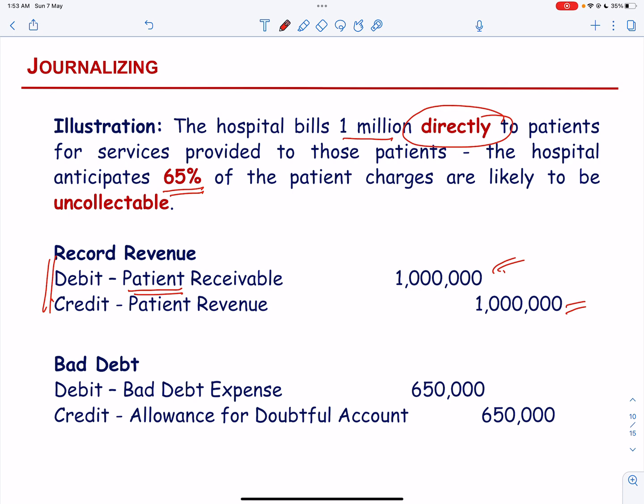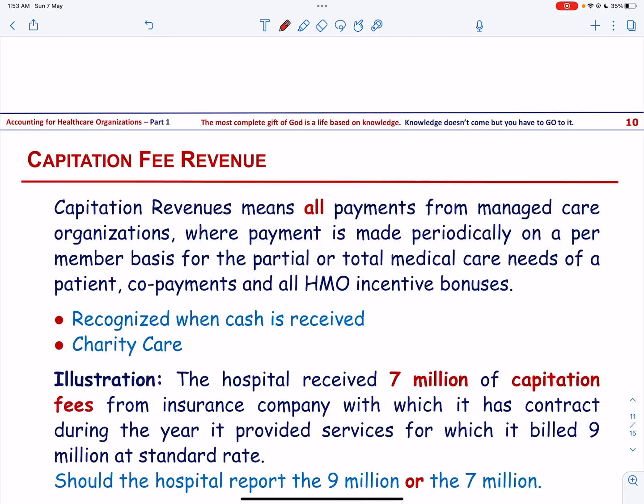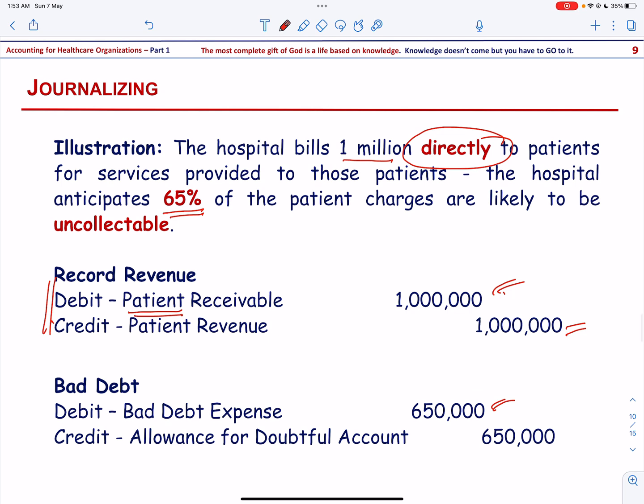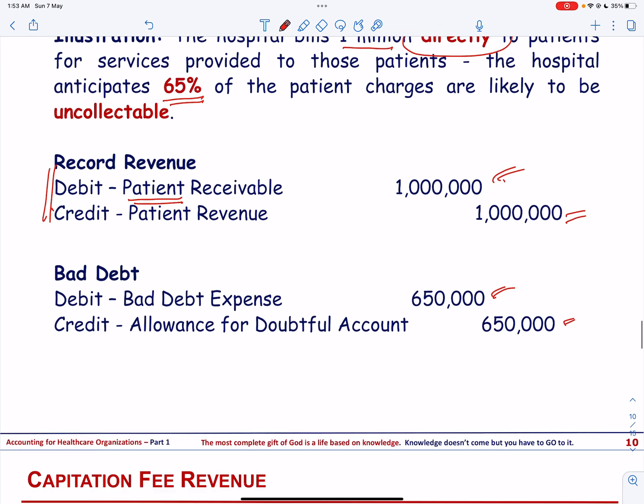Then we are going to record the bad debt expense, and as there are no contractual adjustments, you can see that 65% are likely to be uncollectible, so those are the bad debt expense of 650,000, 65% of 1 million, and we are going to credit allowance for doubtful accounts for 650,000. Next, let us talk about capitation fees.